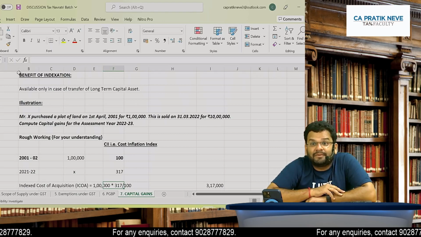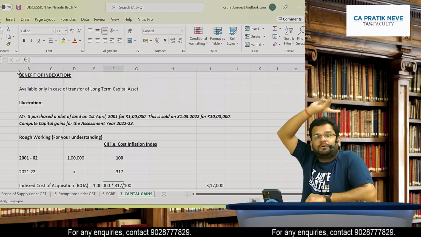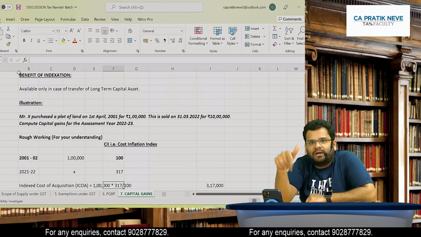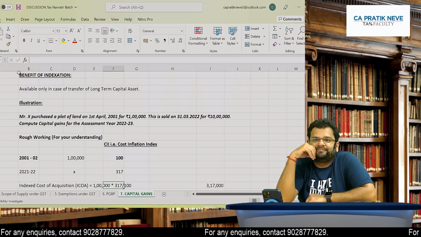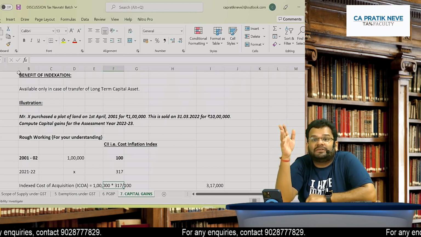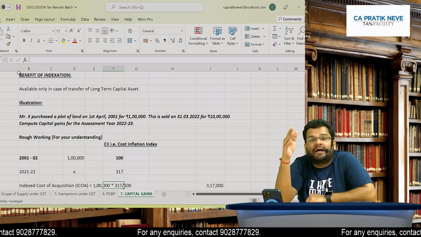Agreed, no? The plot of land which was purchased for 1 lakh, today he is selling for 25 lakhs. So what is the difference? 25 minus 1, 24 lakhs is the difference.